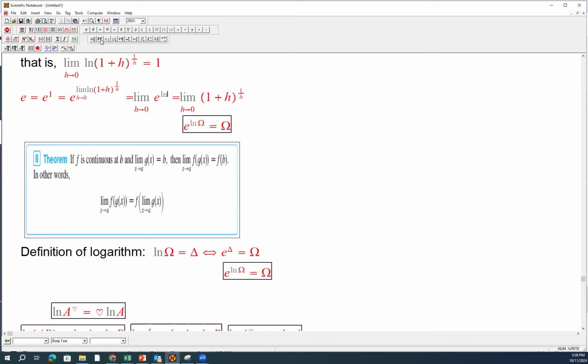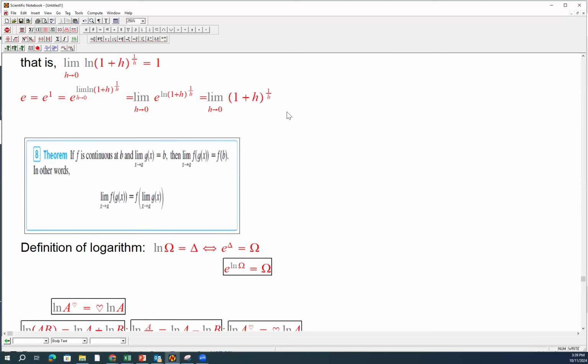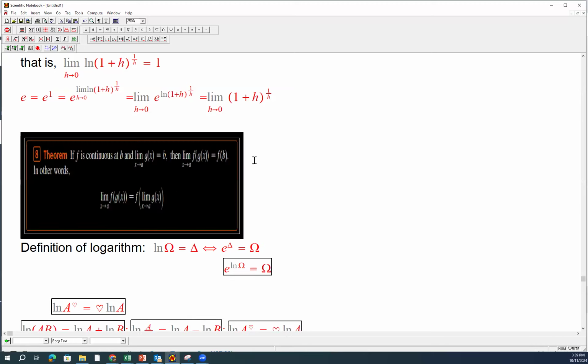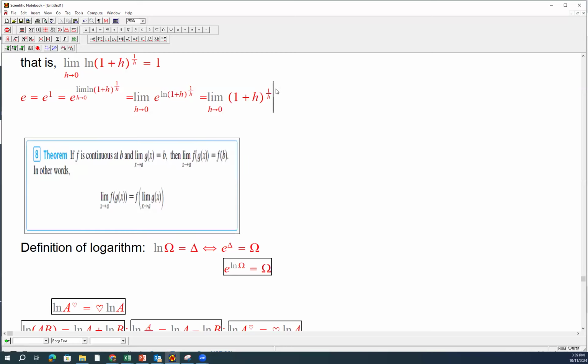So we're going to bring omega in there. This piece is omega as well. We are applying this property over here, and of course our omega is the one we just deleted. Same thing. So we get to review some of our logarithm properties and review our theorems, and that's what happened.